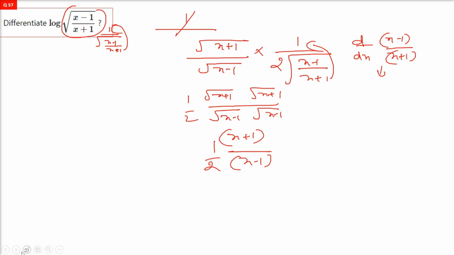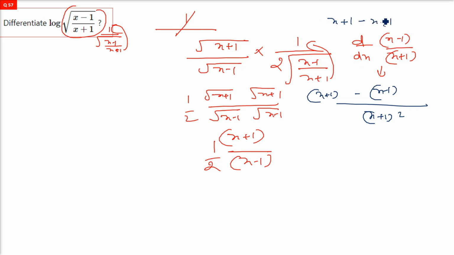And for this one we will use the quotient rule. So x plus 1 whole square will be in the denominator. Then we have x plus 1 here, and the differentiation of x minus 1 is only 1. I hope you have a fair idea now. And minus x minus 1, and the differentiation of x plus 1 gives again 1.